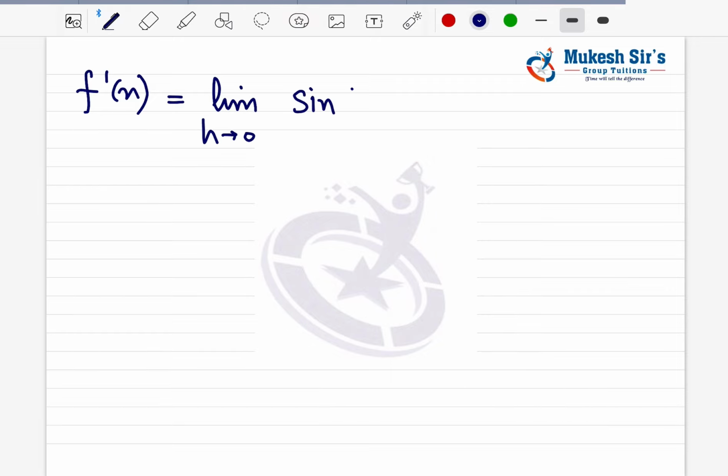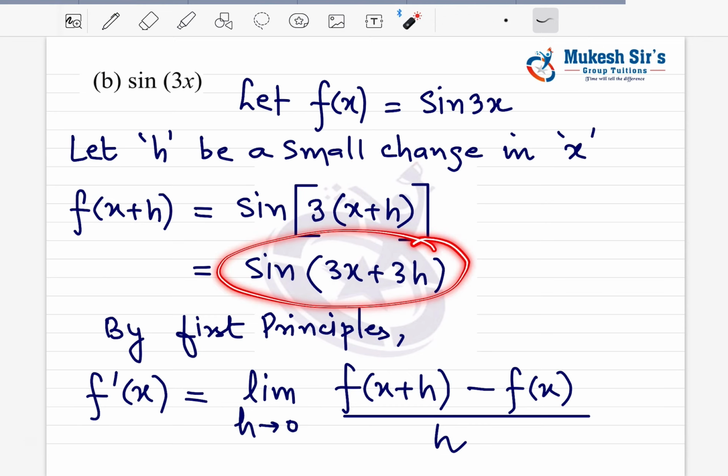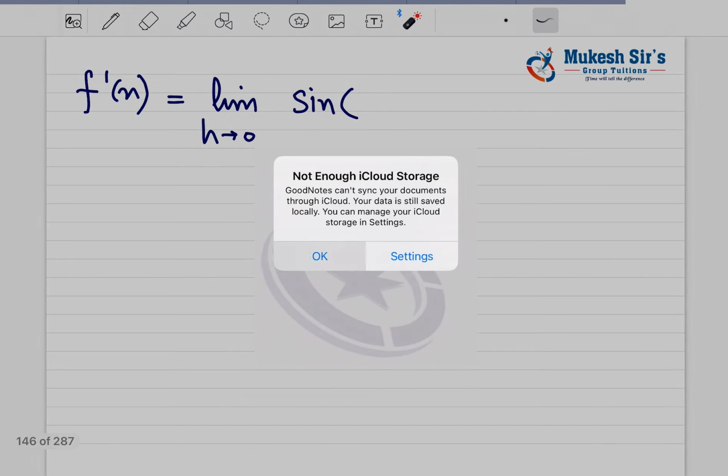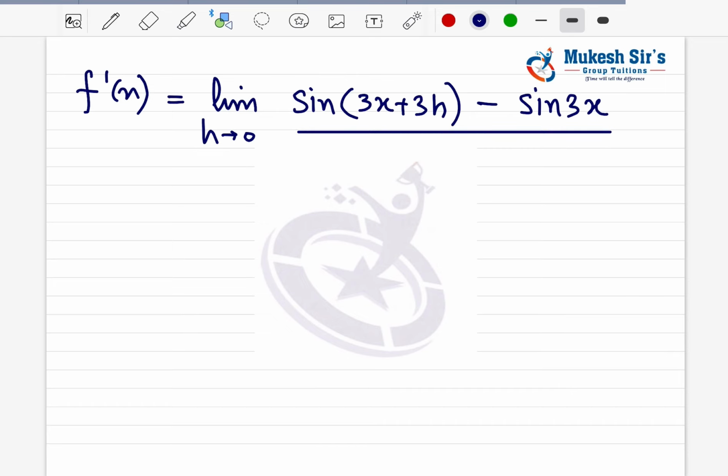Sine of f of x plus h का value कितना था? f of x plus h का value sine 3x plus 3h. And f of x is sine 3x. So you can write sine of 3x plus 3h minus f of x. f of x is sine 3x, the whole divided by h. Now again you cannot apply the limits because denominator 0.